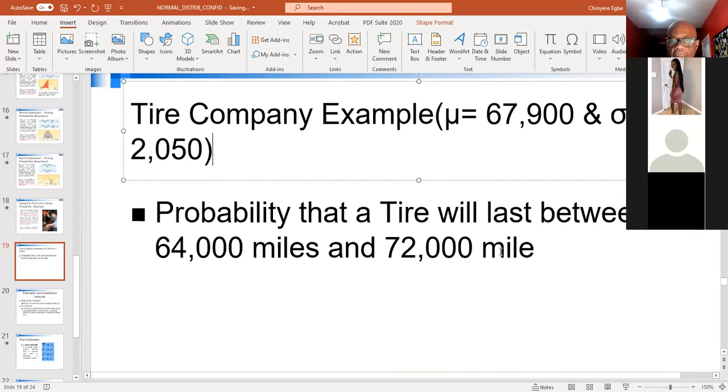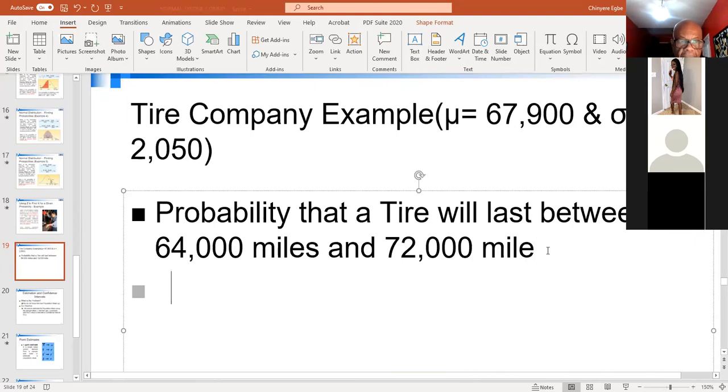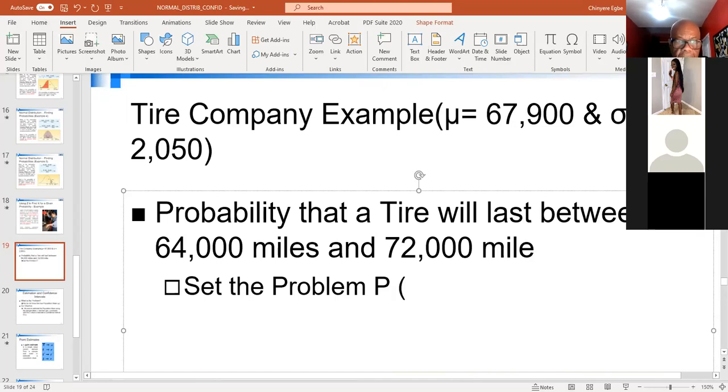So what we do now is we set the problem. Okay, set the problem, which is easy. We're asking for the probability that a tire will be between 64,000 and 72,000 miles.